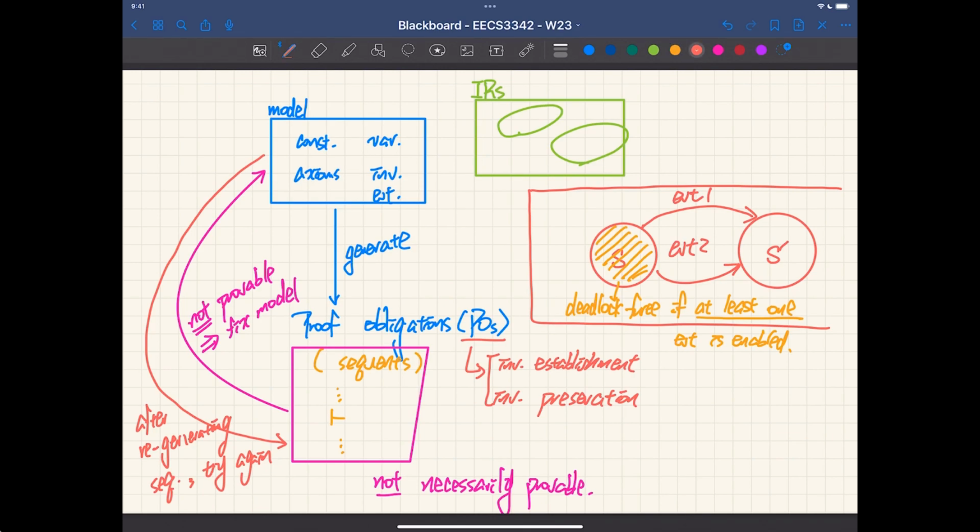If, let's say, event 1 over here is enabled, in that case the transition will take place, in which case the action of event number 1, the before-after predicate, will be applied to the system variables. In that case, this post-state over here should satisfy the invariants. That's about invariant preservation. So after the event's action takes effect, the invariant should be preserved.